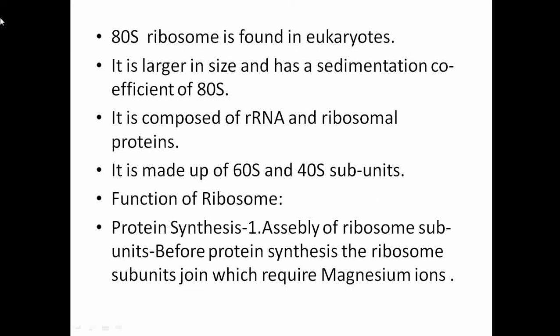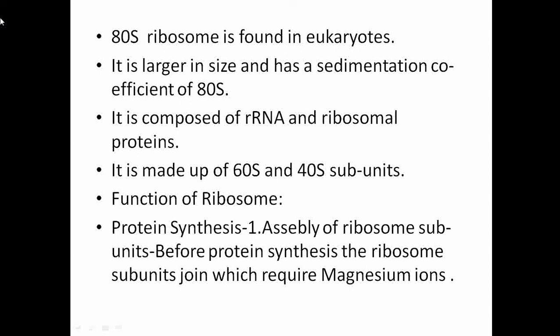The first step is to assemble the ribosomal subunits. The large and small subunits have to be joined together. That is a very important step which occurs previously, and then further the protein synthesis begins in the cell. So, assembly of ribosome subunits before protein synthesis.